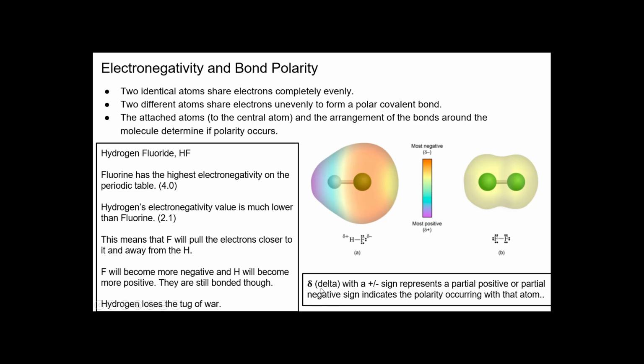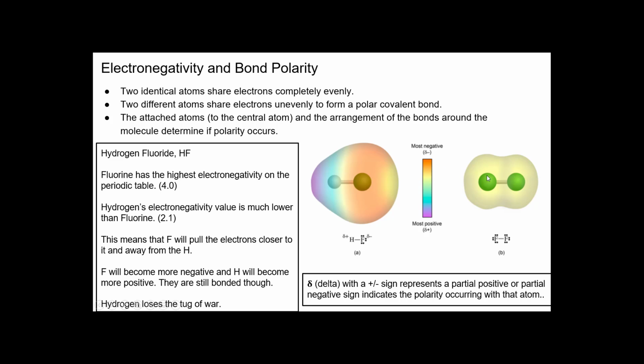This is a small letter delta. It's the small Greek letter delta, so it's different than the triangle. This is how we show that there's a partial positive and a partial negative. So hydrogen has a partial positive, because the electrons are being pulled away from it. The blanket's all over here, and fluorine has a partial negative because it is so electronegative that it is pulling everything with it.